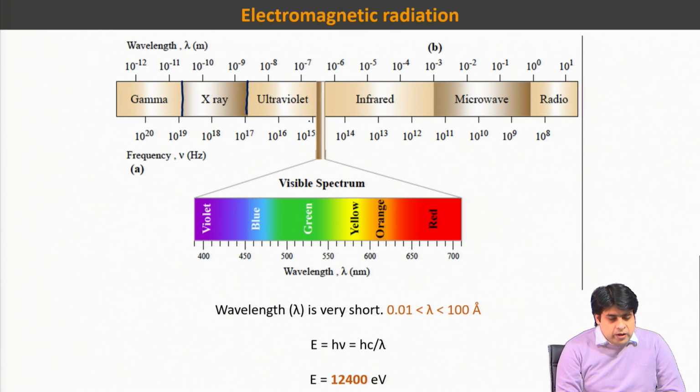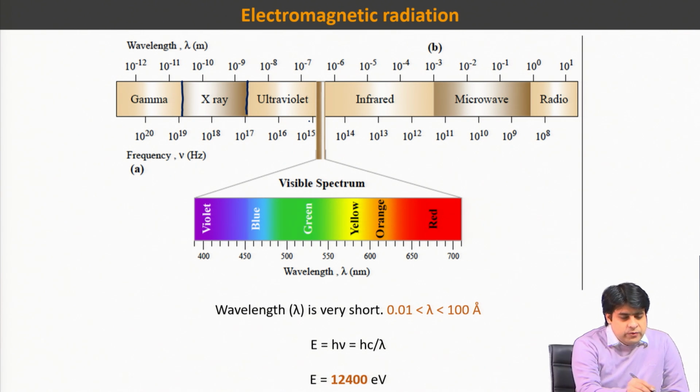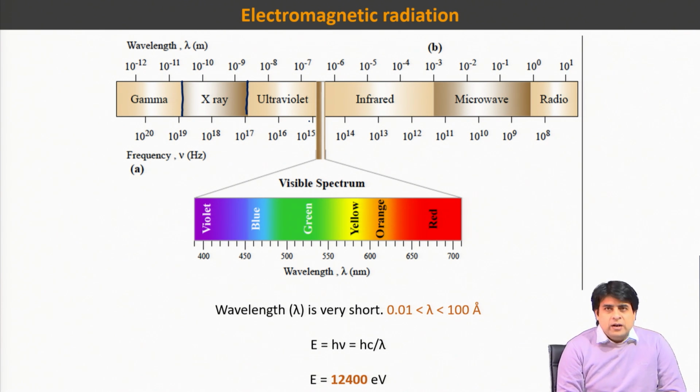Their wavelength is very short, and because of that they have very high energy. This property makes them very unique, and very helpful to determine the crystal structure of any crystalline material.